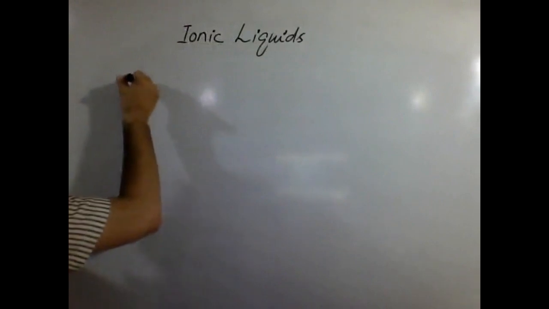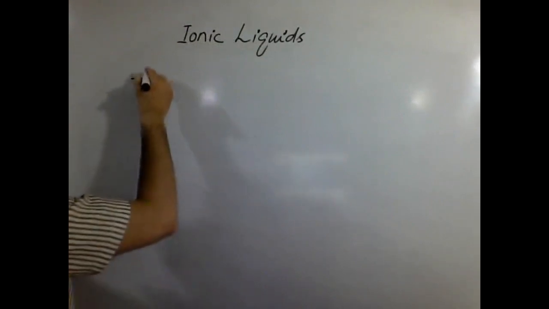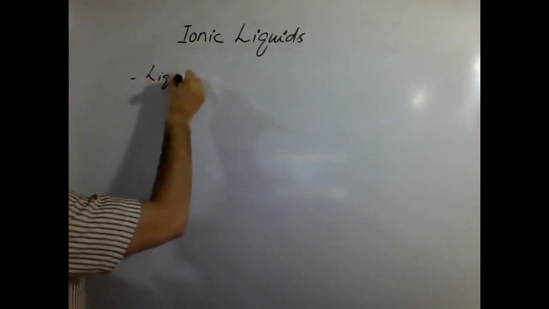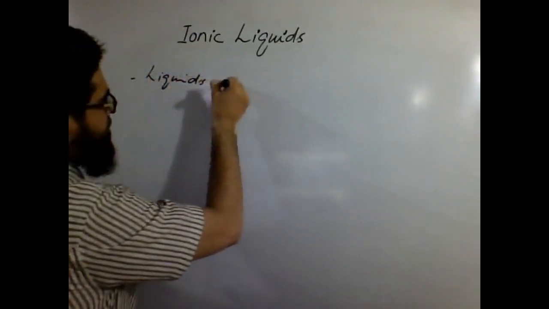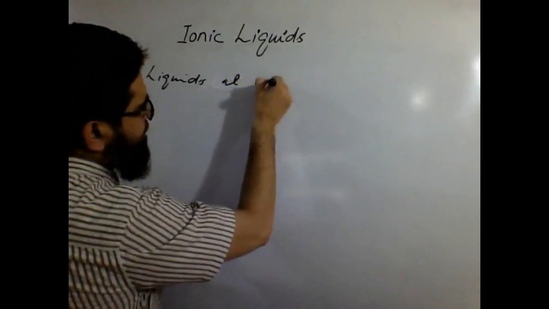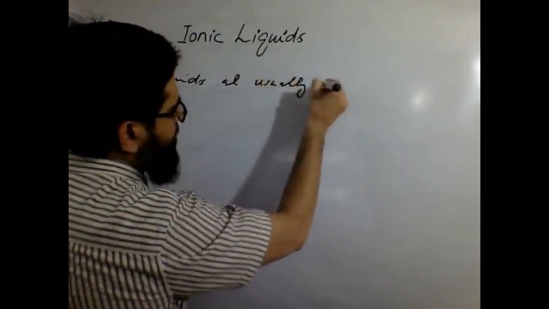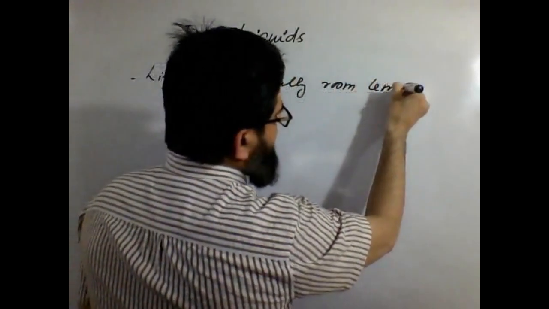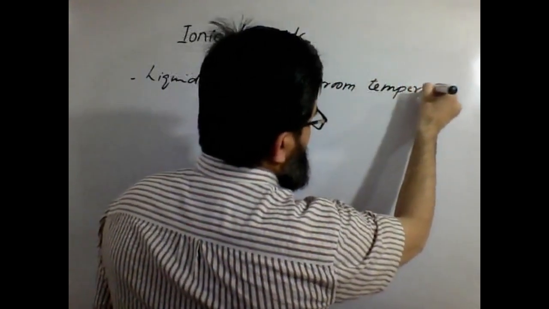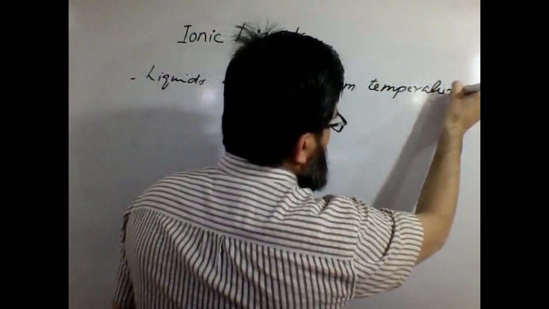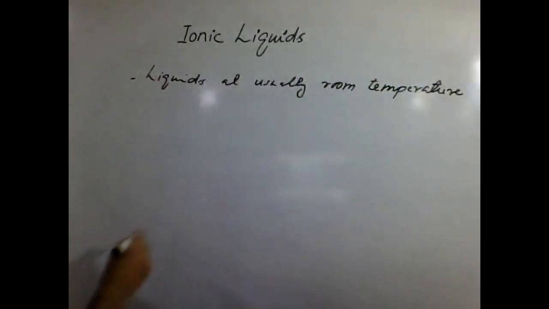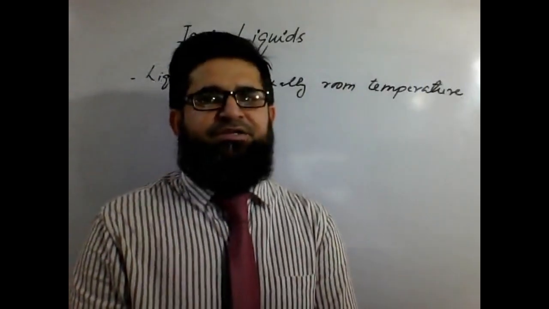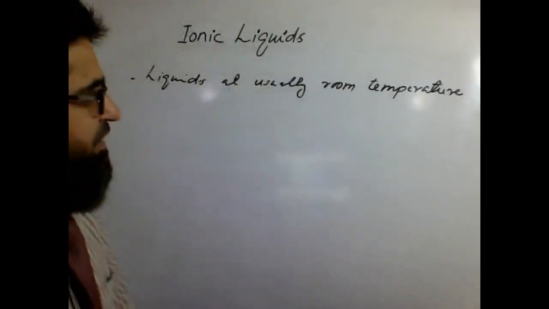They are supposed to be liquids, usually at room temperature. They are liquids usually at room temperature. That is why they are called ionic liquids.